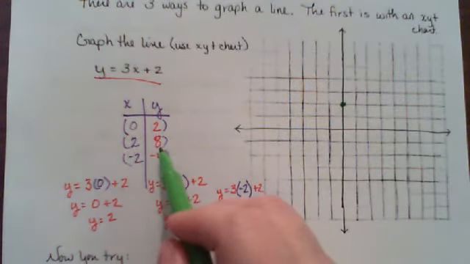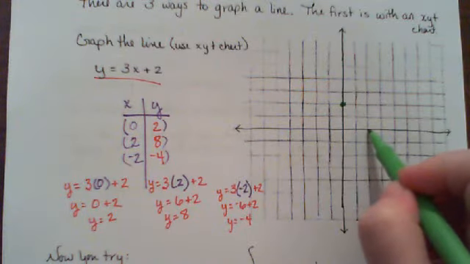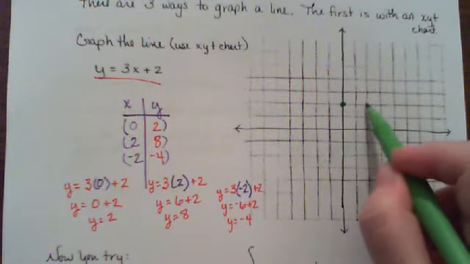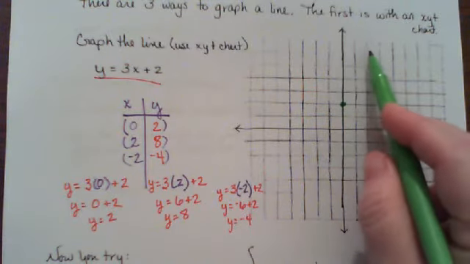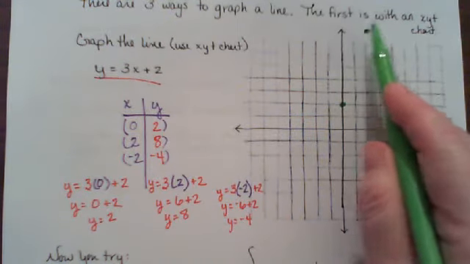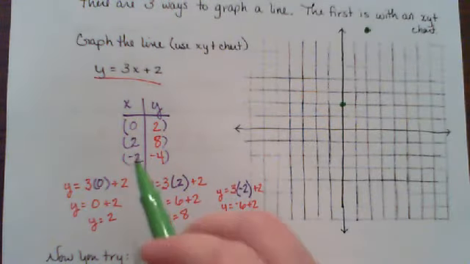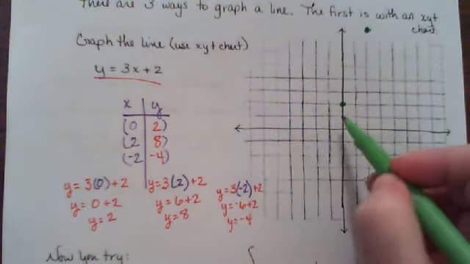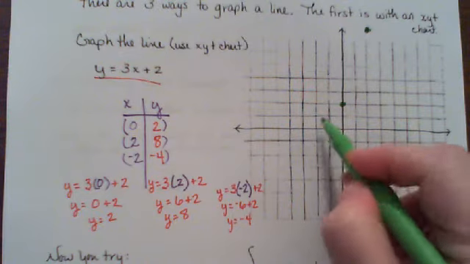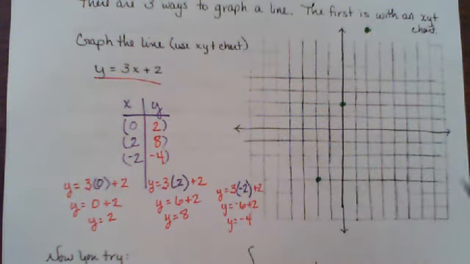And then the point 2, 8: go left or right, in this case right 2 because it was positive, and then up 8. 1, 2, 3, 4, 5, 6, 7, 8. See, almost off my picture now. And then I have to go left 2 and down 4. -2, -4. Put a dot.